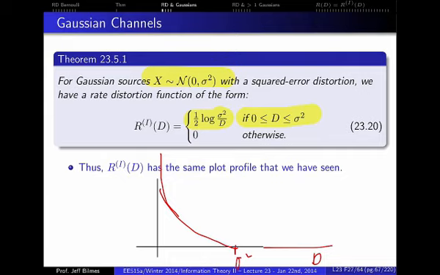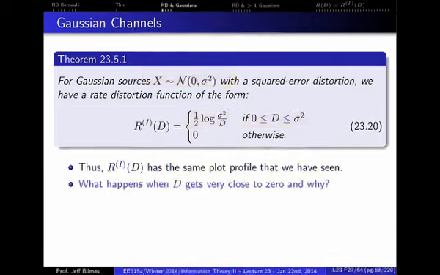Why does that make sense? When D gets very close to 0, you can see either from the log form or from this beautiful plot that I just created that the rate gets very, very large and goes to infinity. Why? We said that for a Gaussian channel, if you have no power constraint, yeah, very good. That's right.